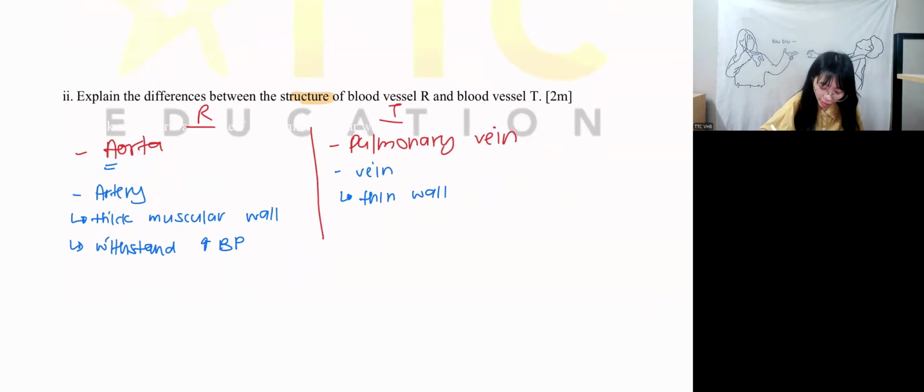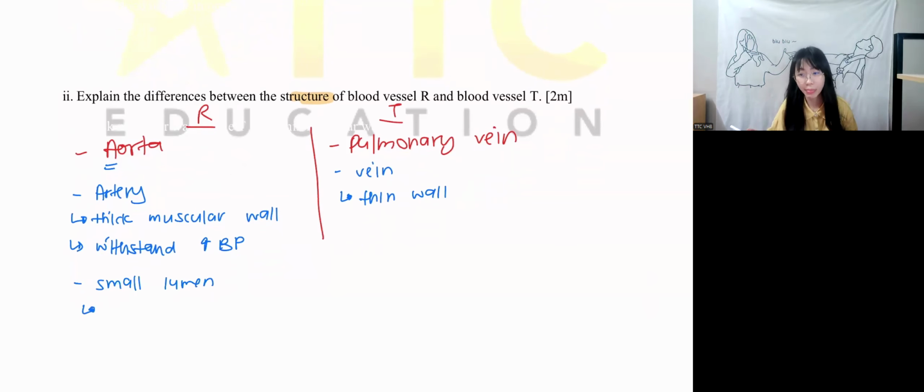Okay, the other thing that we can talk about is the lumen size. Does an artery have a larger or smaller lumen? It's a smaller lumen, correct? They have a small lumen. Why? Because usually arteries have a higher blood pressure, right?